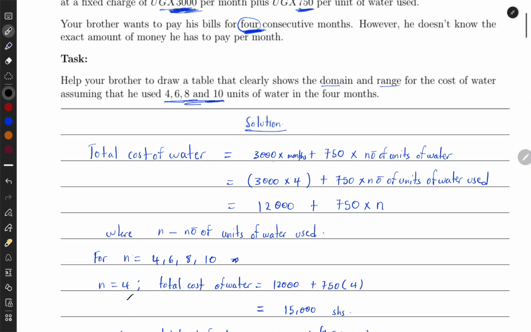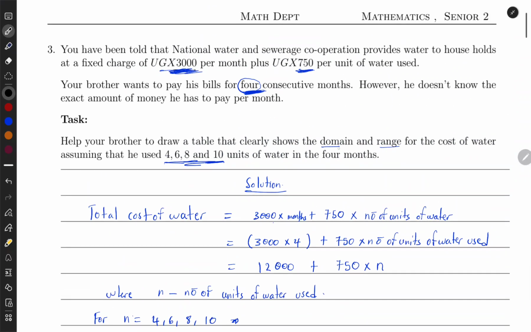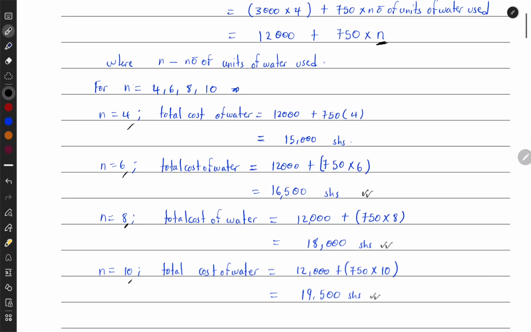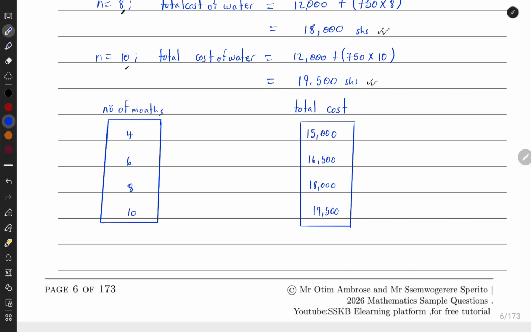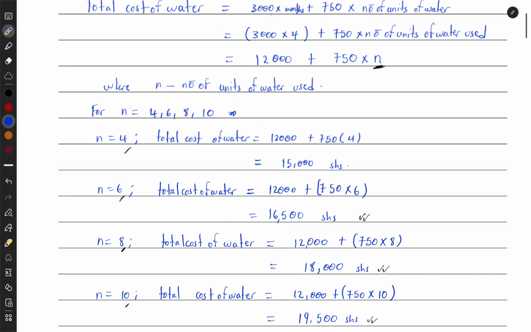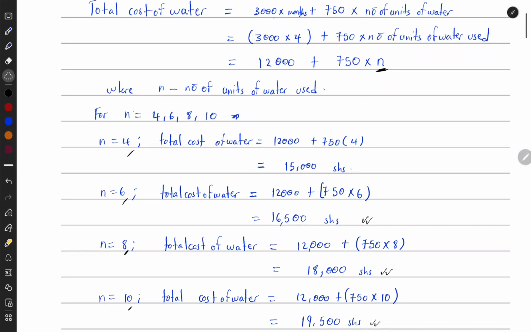Then, because our question requires us to show clearly the domain and the range, for this kind of function, our domain is the number of units and our range is the total cost that you get using that specific function. Okay, so the relationship in this case, we can use the function as the one relating these two.